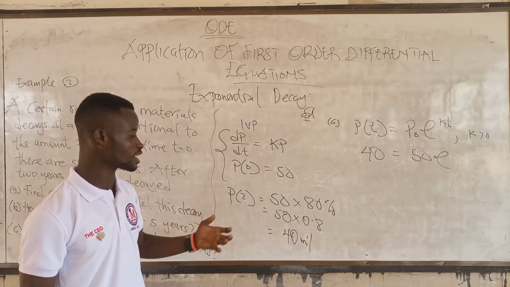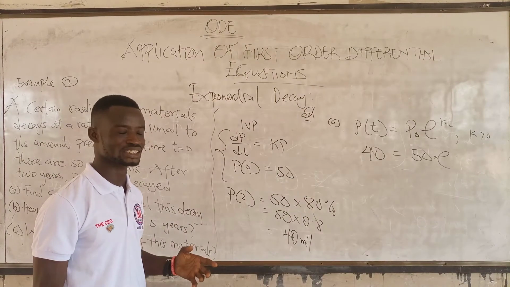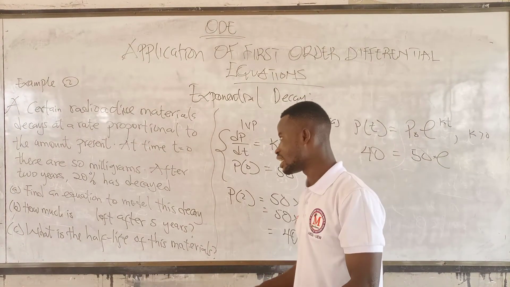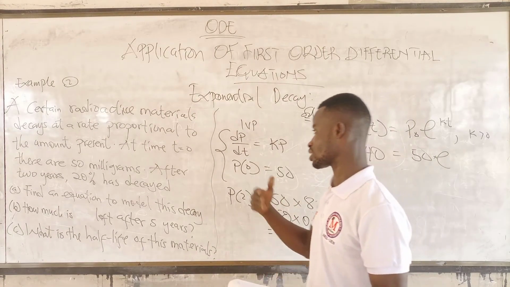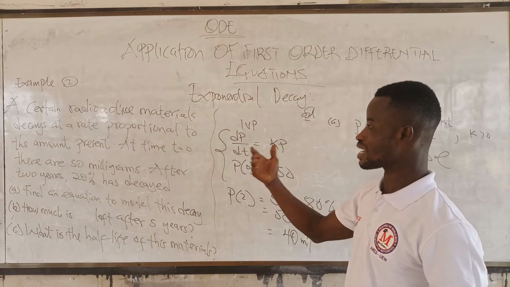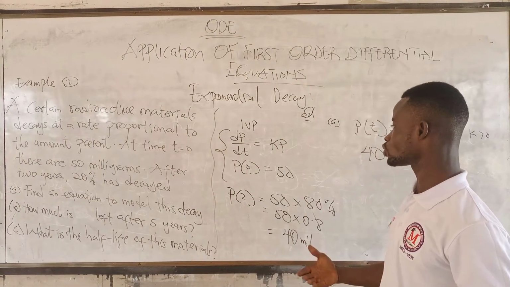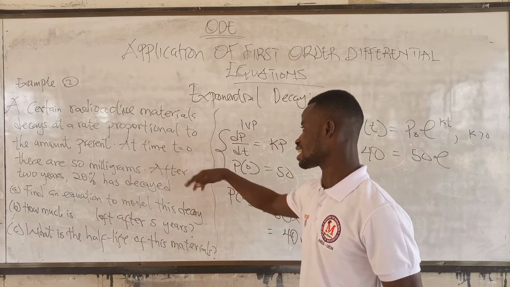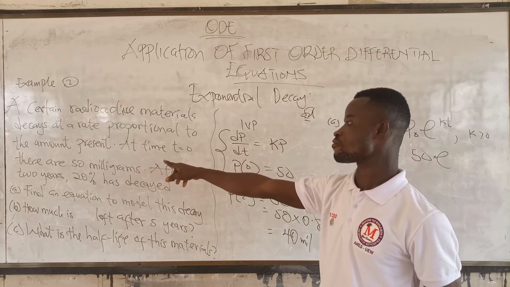For you to get the equation, you need to get the constant of proportionality. In example 1, the constant of proportionality was given to us already, but here we don't know it, so we need to go for it. P naught is at t equal to 0, where there are 50 milligrams.